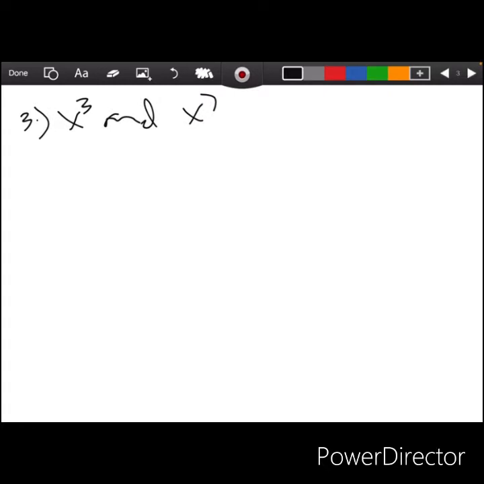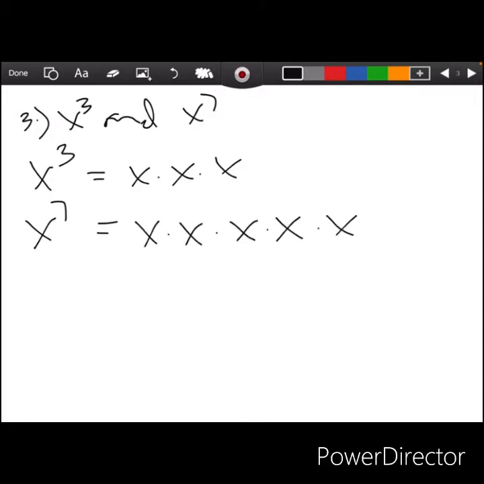Next, let's proceed. Example number 3. We are referring to a polynomial. So x cubed is equal to x times x times x. x raised to 7 is equal to x times x times x times x times x times x times x. Get the common terms. We have this, this, and this.